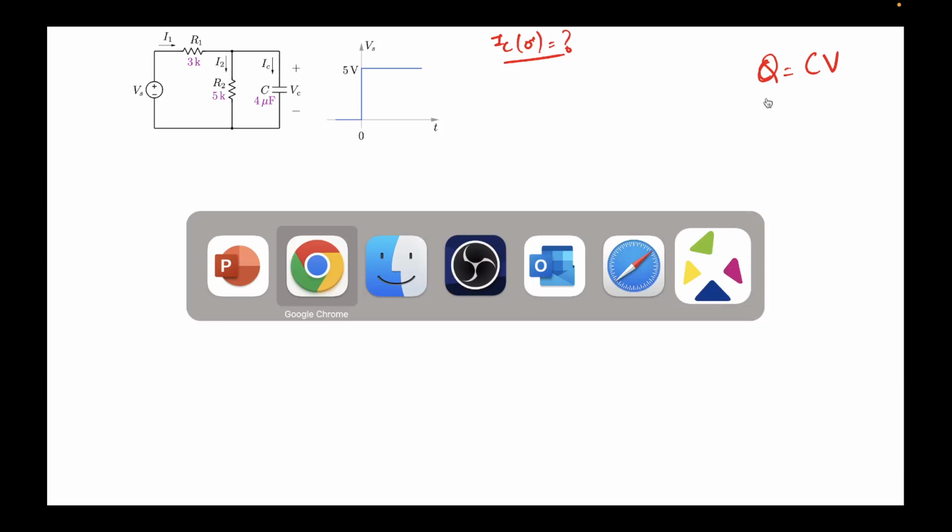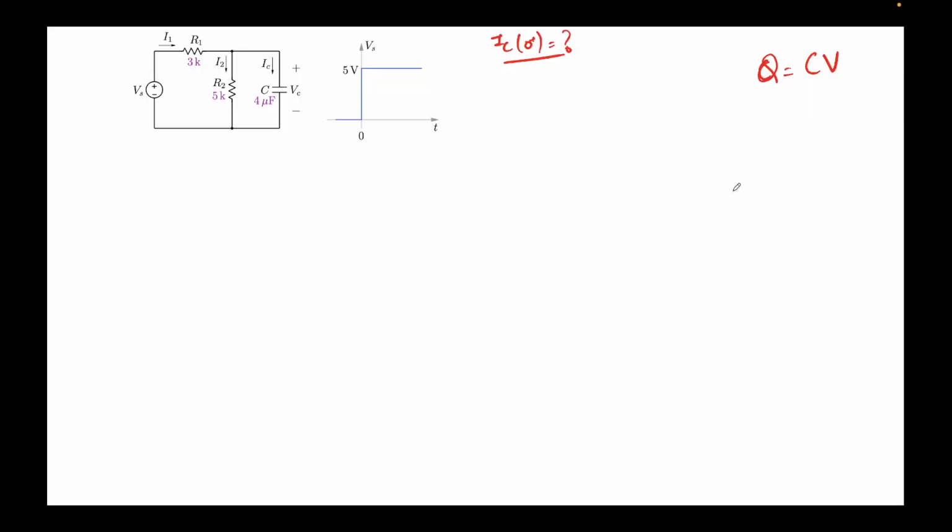The corresponding expression for a resistor. Can somebody tell me what is the corresponding expression for a resistor? This is for a capacitor. Yes, V equal to IR, which we typically know as Ohm's law. The third component is the inductor.